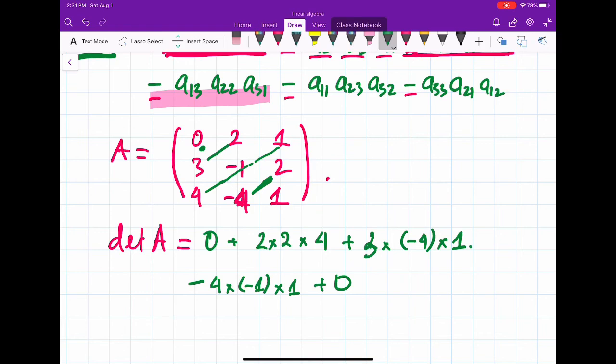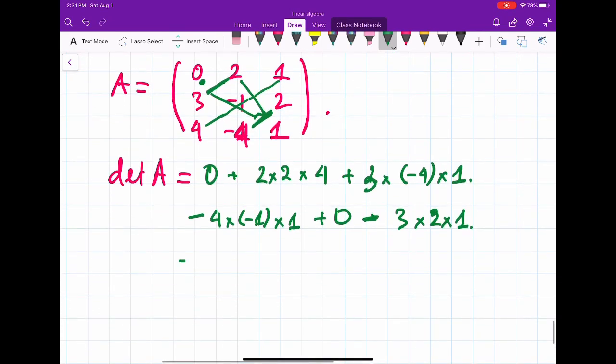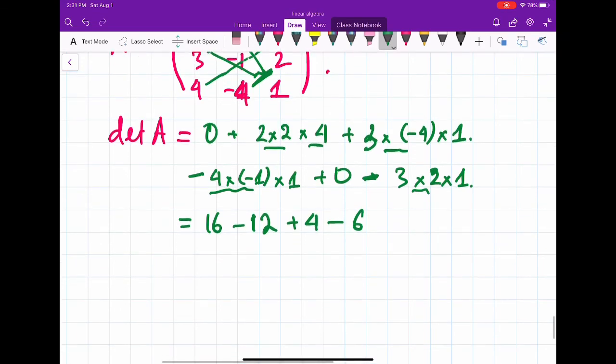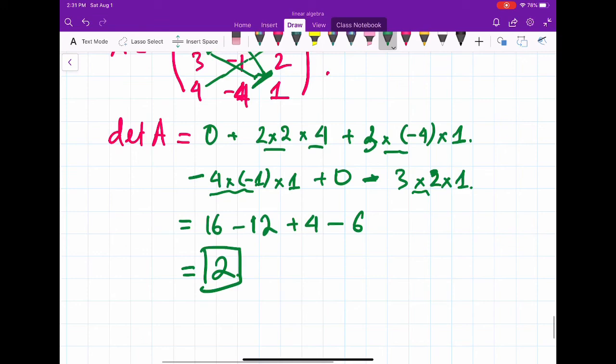And then 3, 2 with the 1: minus 3 times 2 times 1. Let's find this. 2 times 4 is 8, times 2 is 16, and then minus 12. Here I will have plus 4 and then minus 6. Overall, I have 2. So that is the determinant of my matrix.